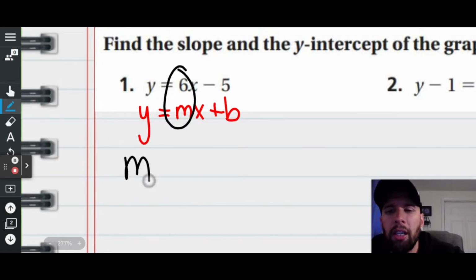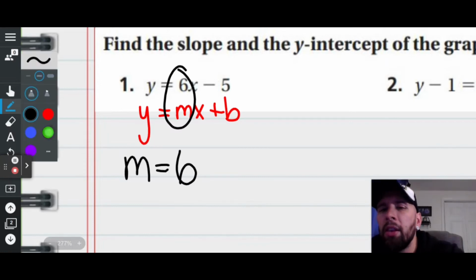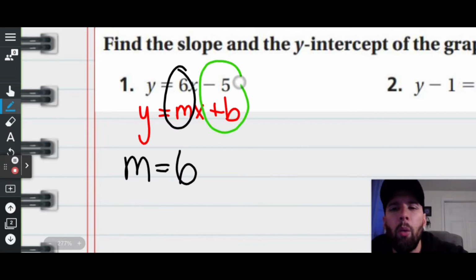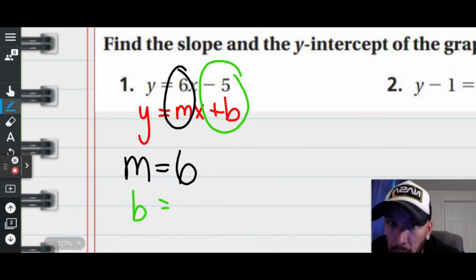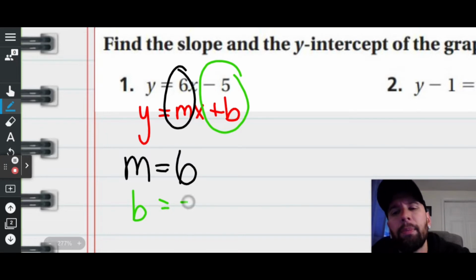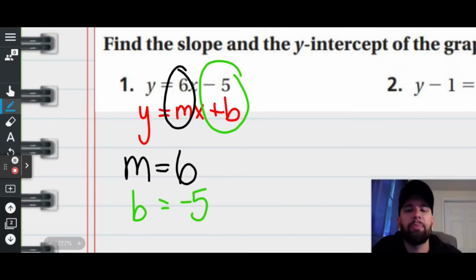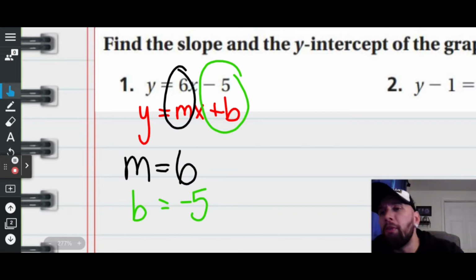So my slope is 6. M is 6. And the number floating around is my y-intercept. The number floating around is not 5, it's negative 5. So problem 1, very straightforward.